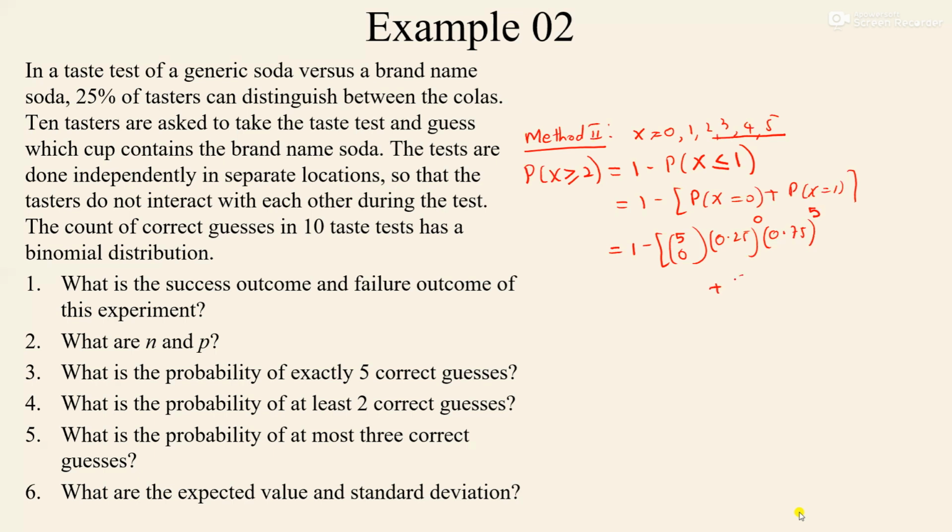Plus 5C1 × 0.25¹ × 0.75⁴], right? By simplifying this case, then you can get the probability, right? And check whether in both methods you get the same answer. Right? It takes 1 minute.